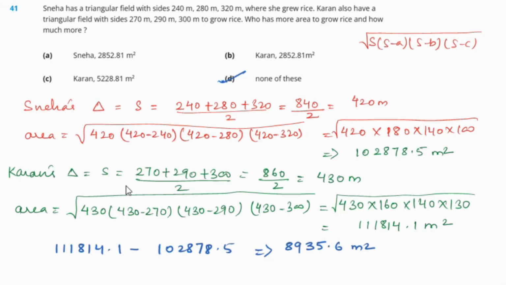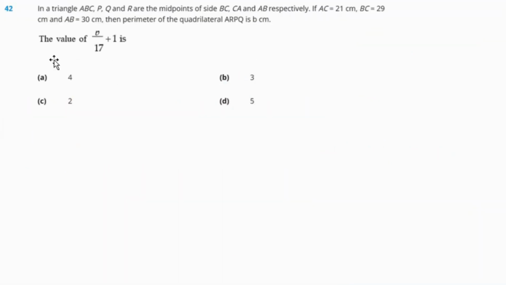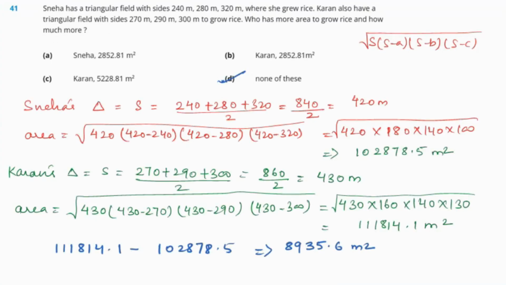Okay, now we need to move to the next question then. Now we need to move towards the 42nd question.